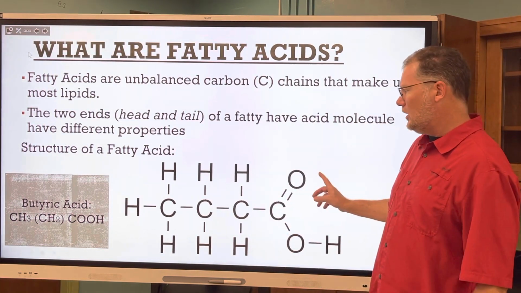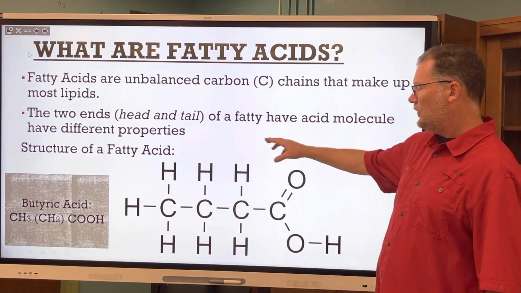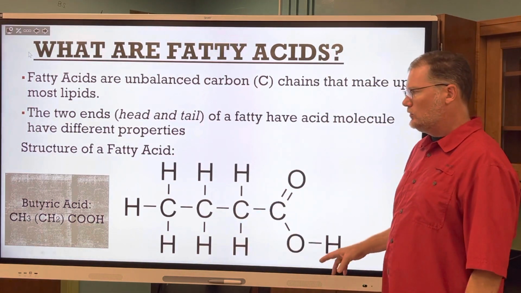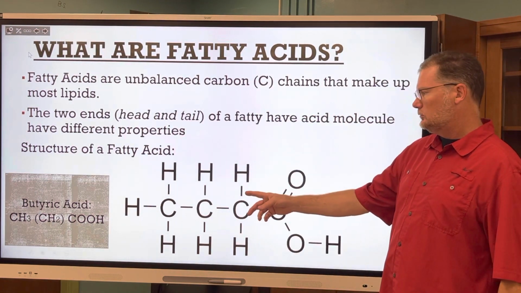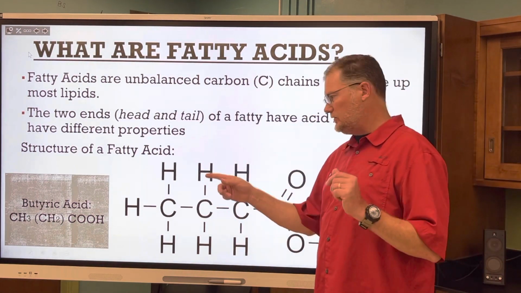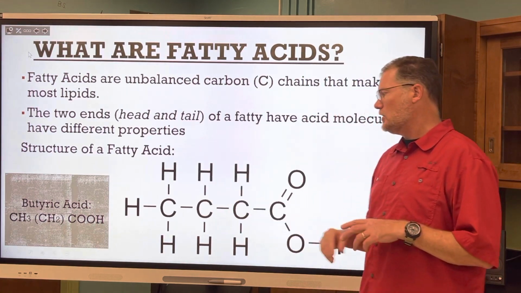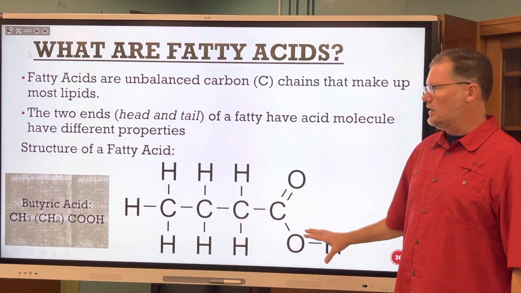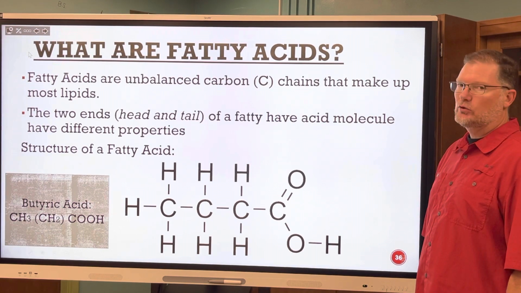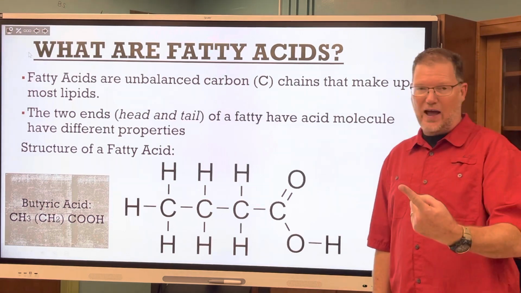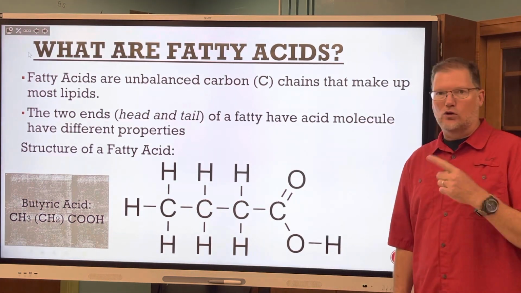So here's the butyric acid. This whole thing is called butyric acid. So you have to write the name and the formula, CH3, parentheses, CH2, parentheses, COOH, and you have to finish this structure, okay? This is the chemical structure of one fatty acid. They don't all look like this.